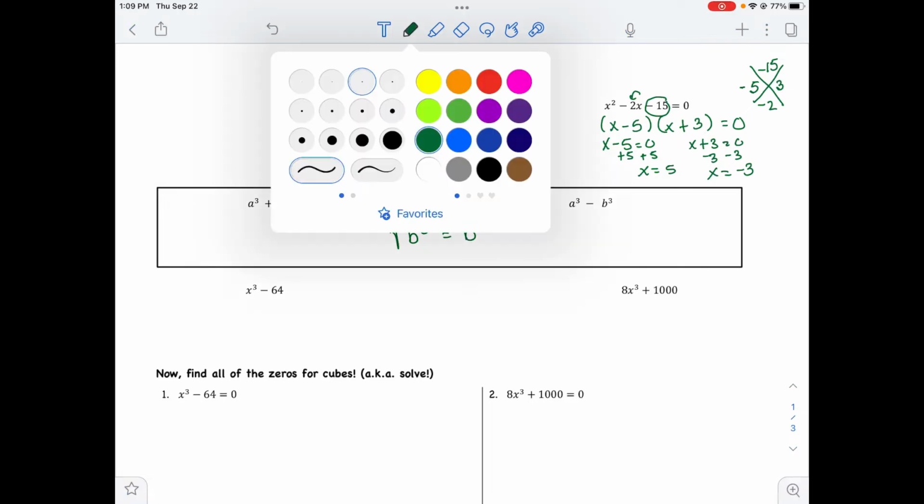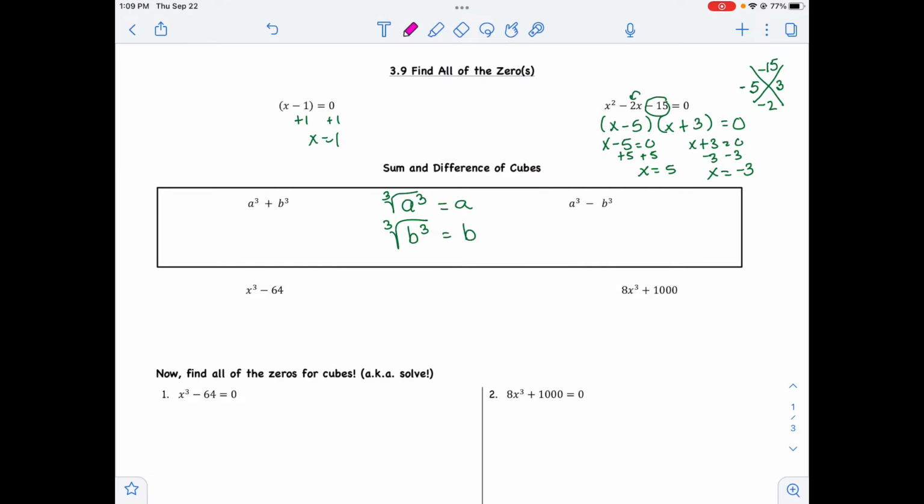So we're going to talk about when we have a sum of cubes. So here is our a cubed plus b cubed, and we're going to think about taking the cube root of a cubed, so we have a, the cube root of b cubed, we have b.